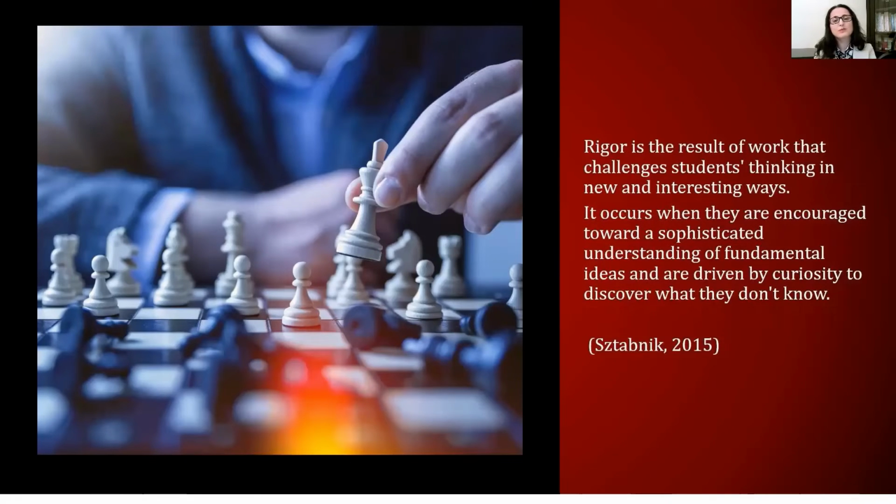If we want to explain what rigor is, defined by Stabnik in 2015: rigor is the result of work that challenges students' thinking in new and interesting ways. It occurs when they are encouraged toward a sophisticated understanding of fundamental ideas and are driven by curiosity to discover what they don't know.